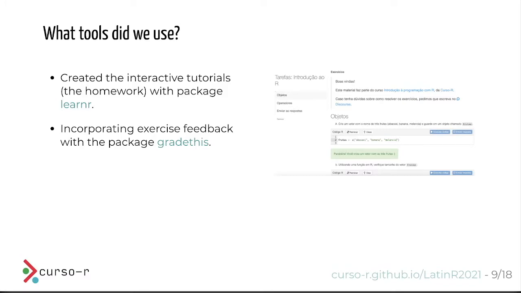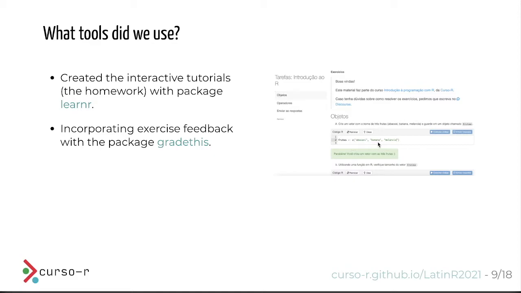So, what tools did we use? First, we created every homework as an interactive tutorial using package learnr, and we also incorporated the exercises feedback using the package gradethis. In this image, you can see what the tutorial looks like, and you can see that it's all in Portuguese.